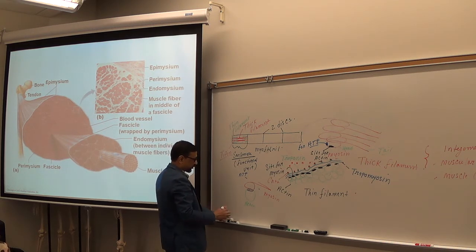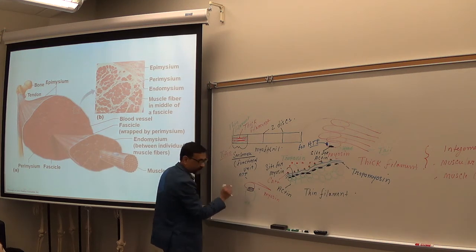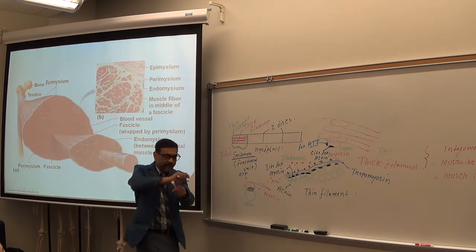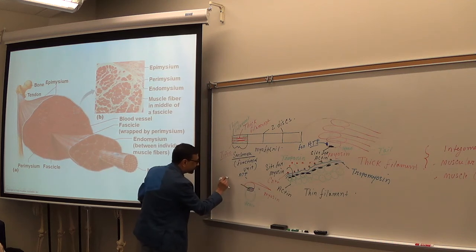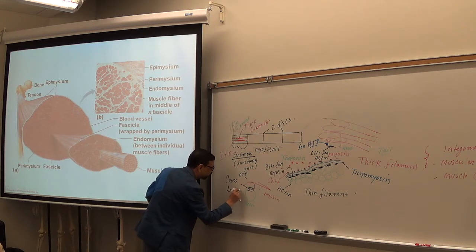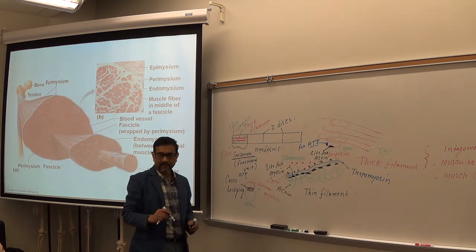Now it is attached because they have sites for each other. Clear? And that attachment is called cross bridging. Cross bridging. Okay, that attachment.